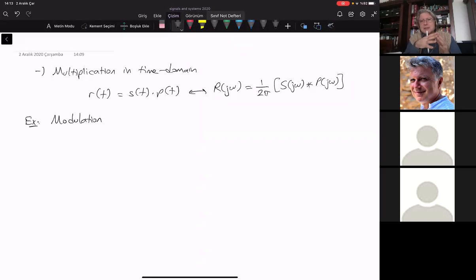That audio signal, in order to transmit it over long distances through air or through space, you have to push the frequency content to a very high frequency, like megahertz or gigahertz. Over there, it can go long distances and it won't be heard.